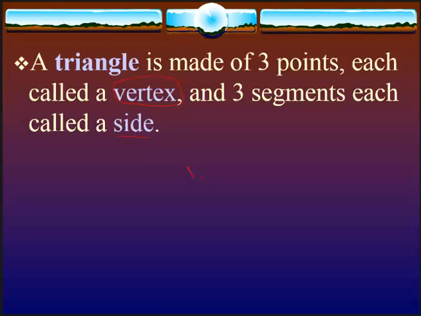Well, if I can get it to advance. Here we go. We've got 3 different points, A, B, C, and we have 3 segments, AB, BC, and AC. Remember, because they are line segments, we can name them in any order of their endpoints. So I could say AB, or I can say BA, either way.